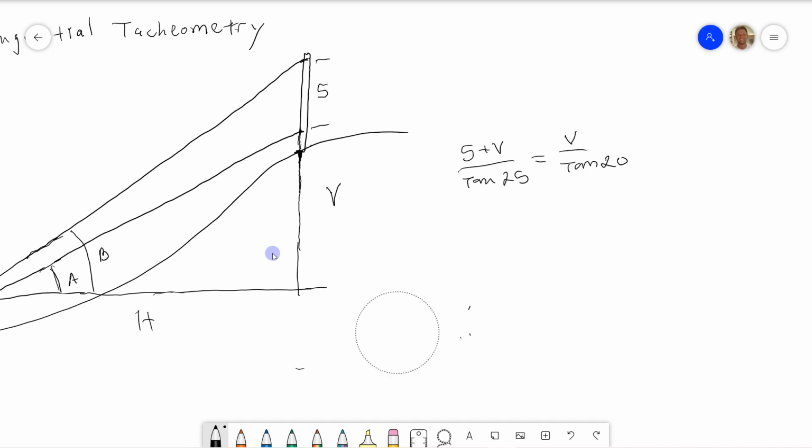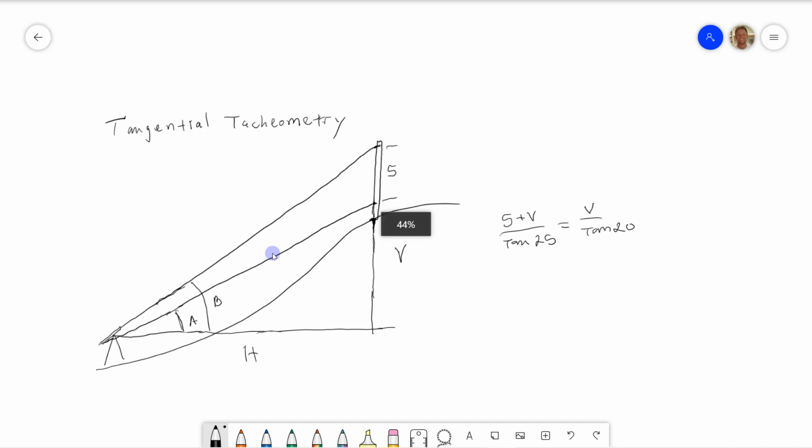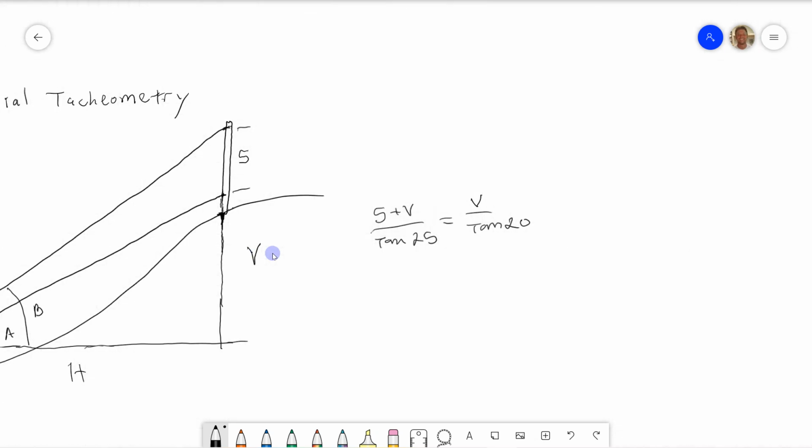Algebra is not my favorite thing to do, but it's pretty useful here. I don't know how to do it without algebra. So we're going to go tangent 20 times 5 plus tangent 20 V, and that is equal to tangent of 25 V.